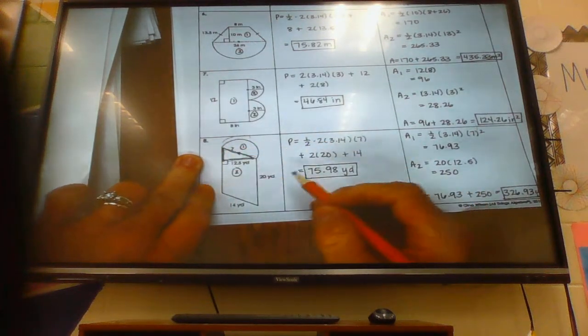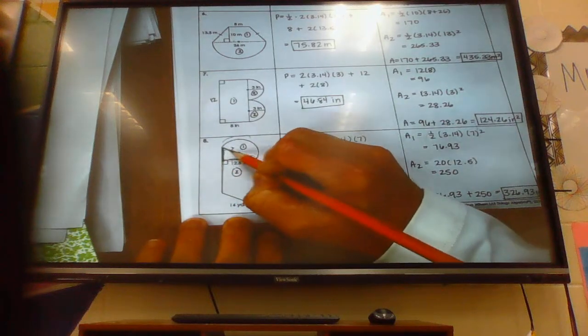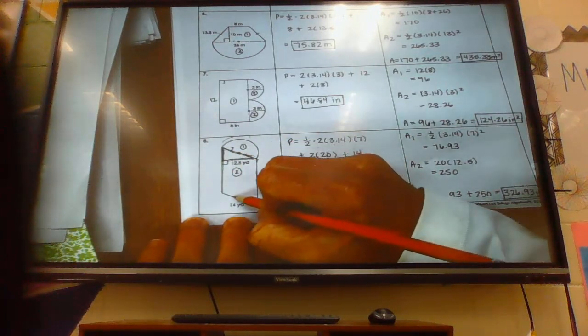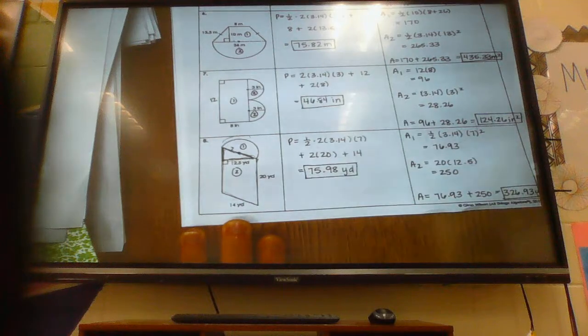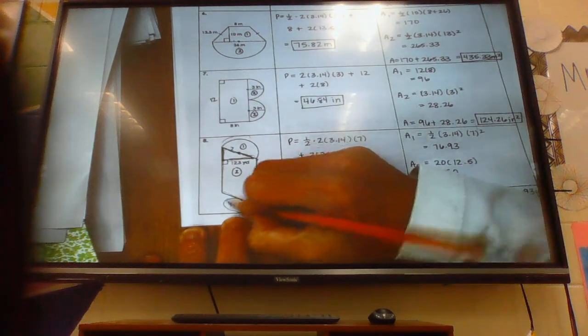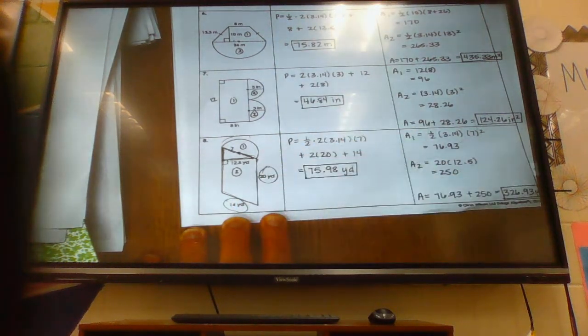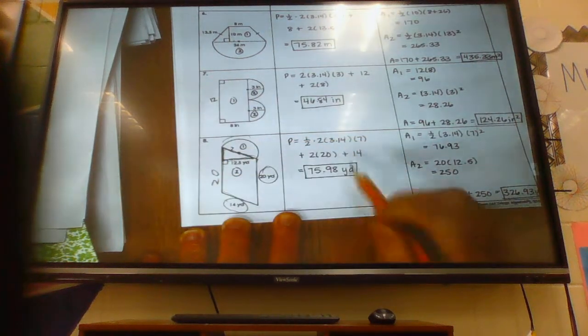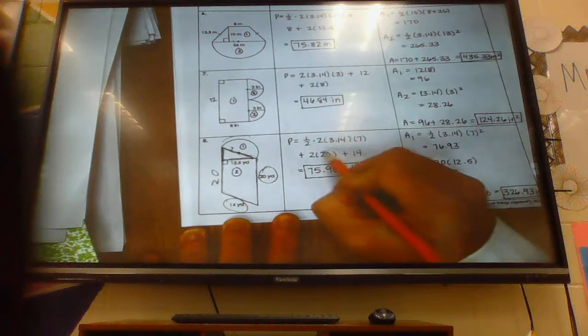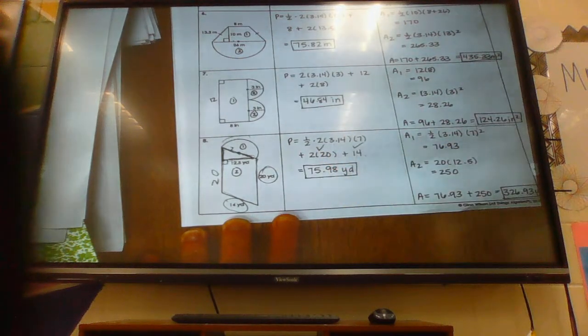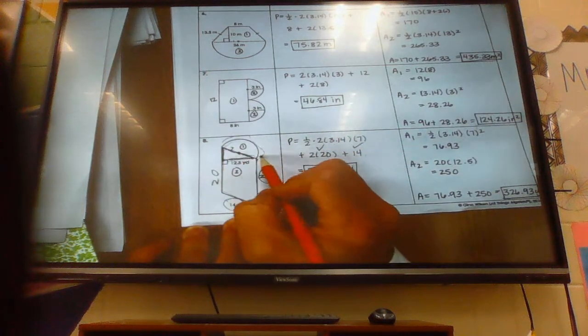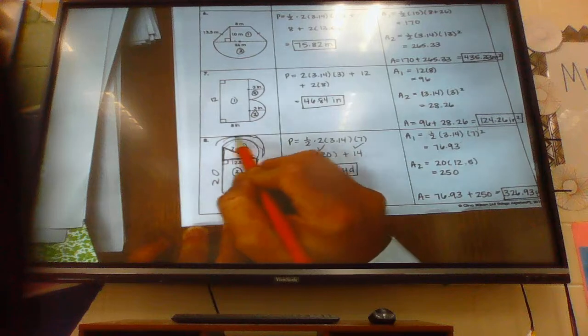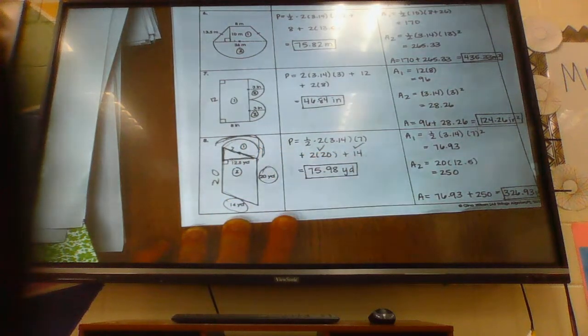Alright, so perimeter, right? This right here is a parallelogram, right? So I can get this outside, and this outside, right? So that takes care of this and this, correct? And then we learned in class the other day, I want the circumference, right?